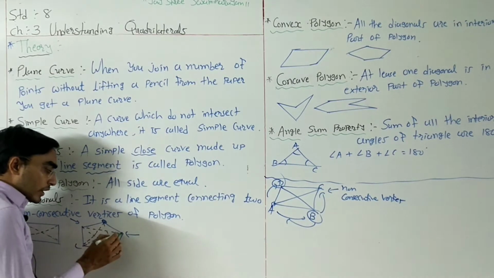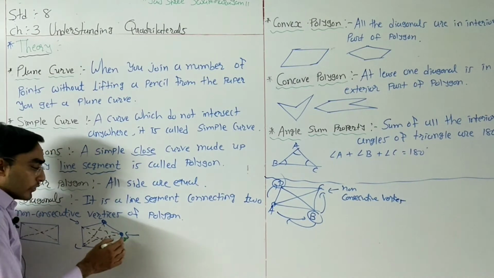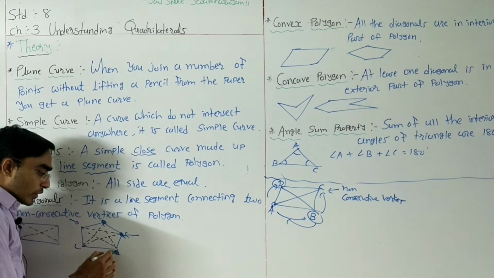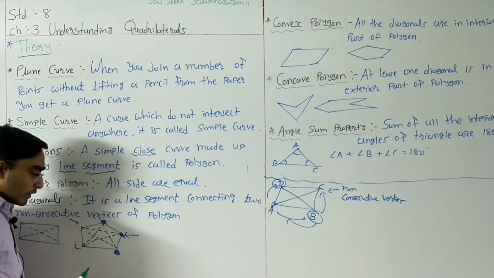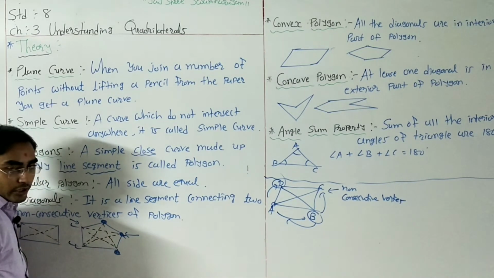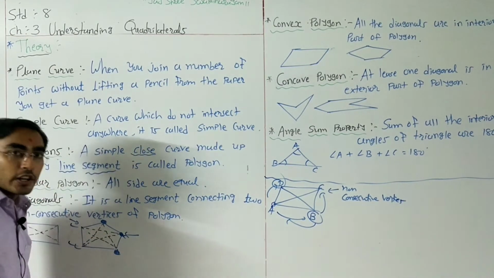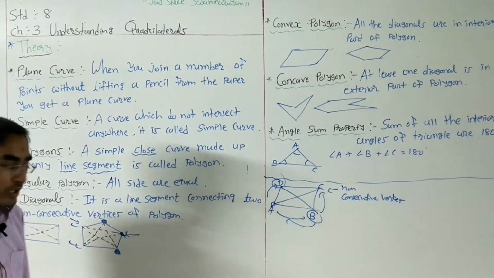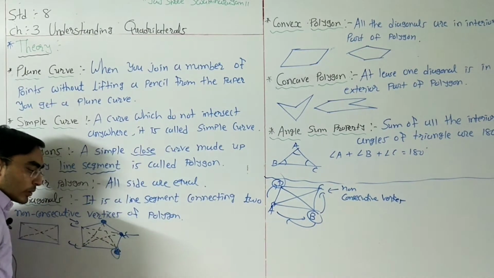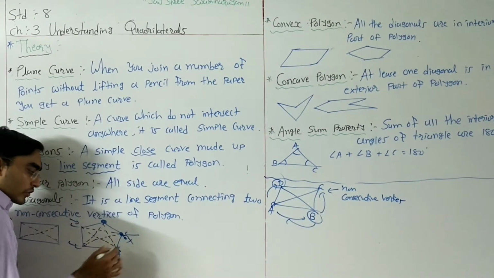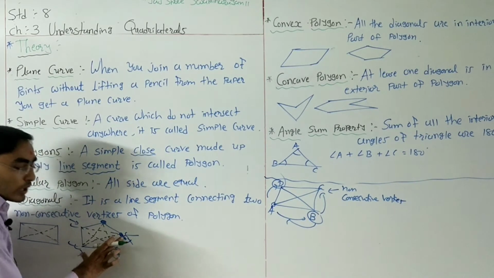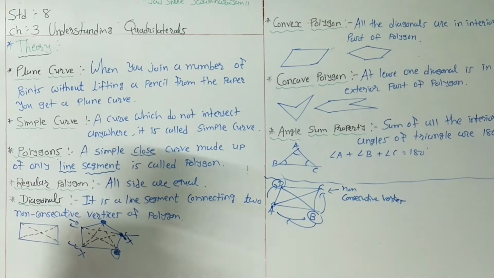Same thing we can think for the second point. These two are the consecutive vertices, and these two are the non-consecutive vertices, so we can join this point with these two points. They are also diagonals. Then for the third point, we need to skip these two points because they are consecutive vertices.